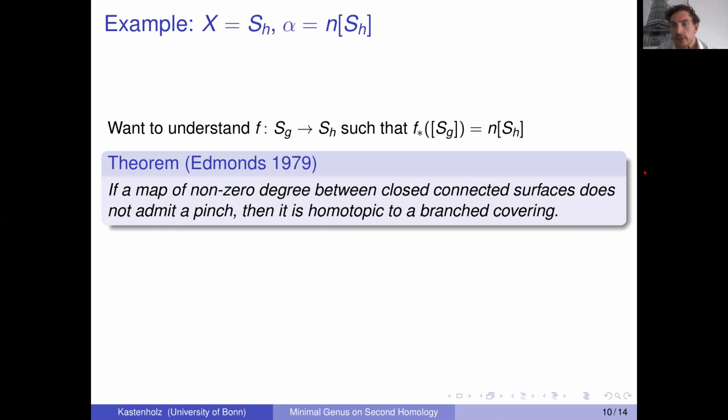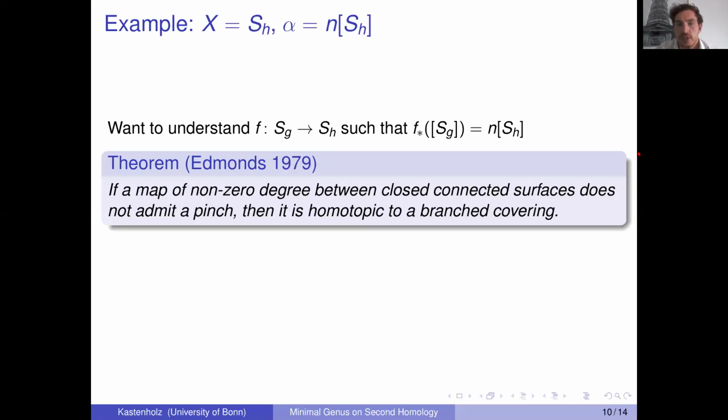Admitting a pinch means that there's a separating simple closed curve on our surface such that the map is homotopic to a map given by first collapsing one component of the complement of this separating simple closed curve, and then some map from this smaller genus surface to our space.